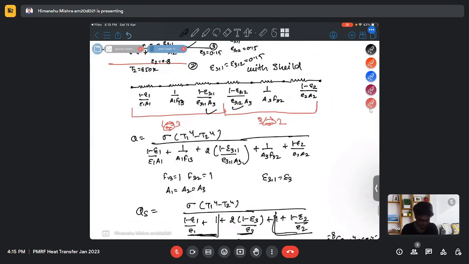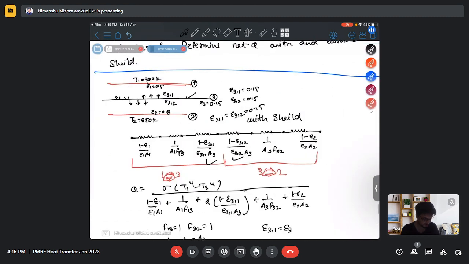Without shield, the resistance will be simplified very much. So it will be just what we used in the previous questions. The radiation transfers just between surface 1 and surface 2.